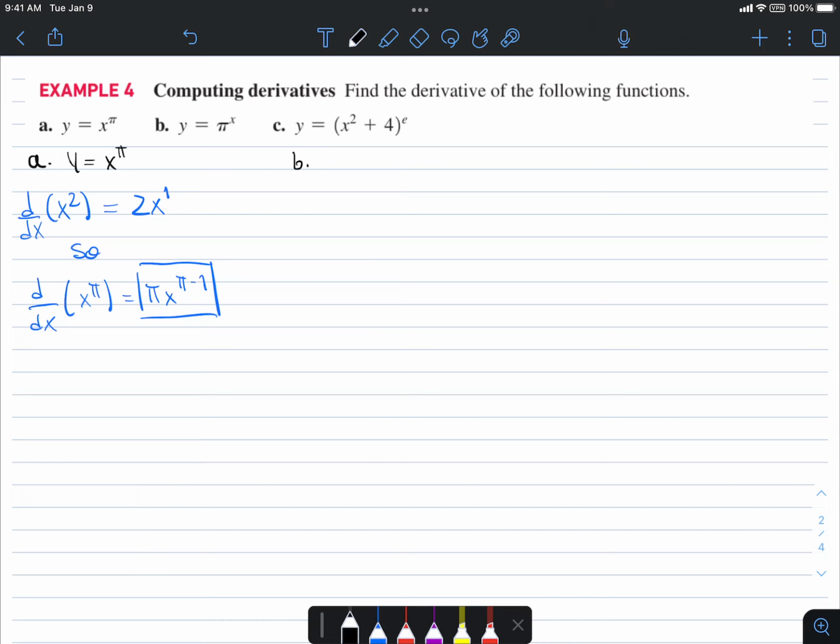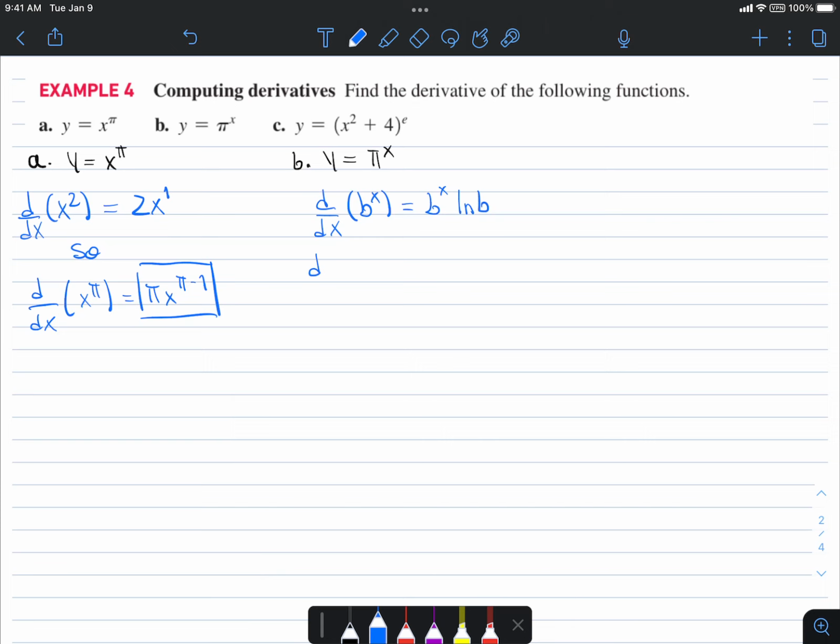Now, if we switch things up, y as pi to the x, then now we're having a more difficult situation because now the base is pi, so the base is constant, the power is changing. So this follows the rule that d dx of b to the x, when b is positive, is b to the x ln b.